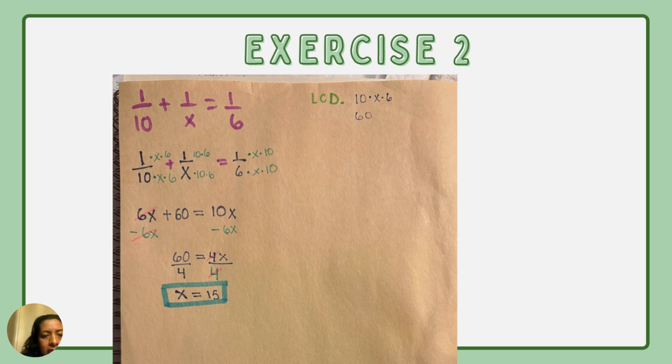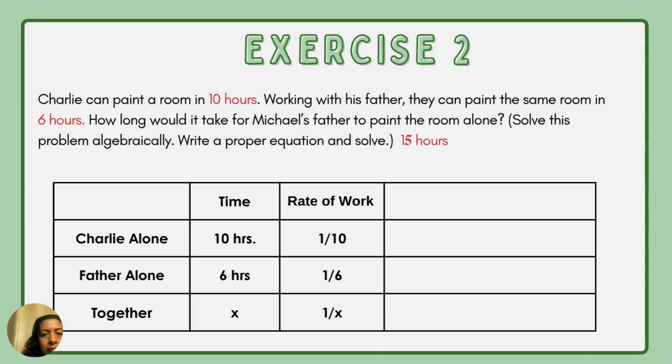Once I have this, I just need to isolate x by the distributive property, and I end up with x equals 15. That means that Charlie's father will paint the room alone in 15 hours.